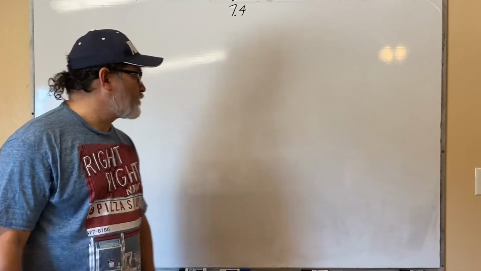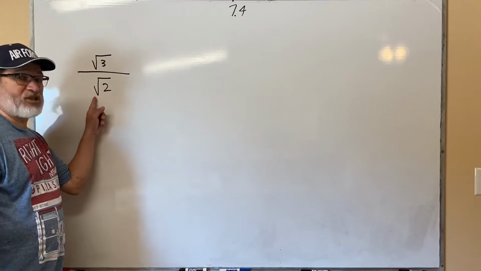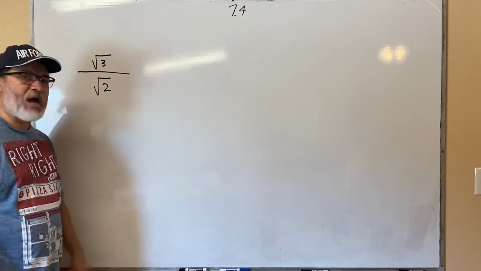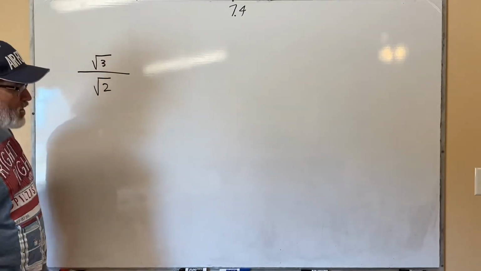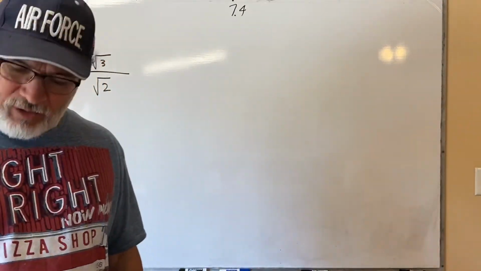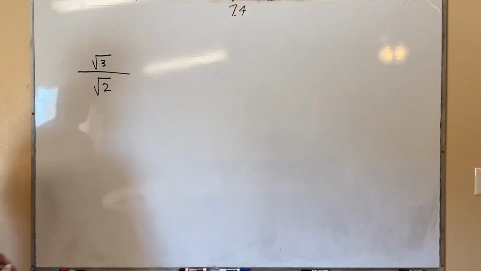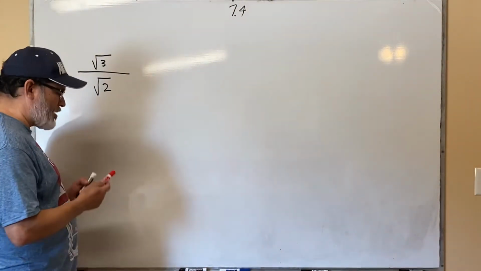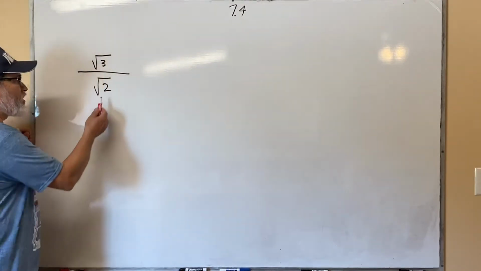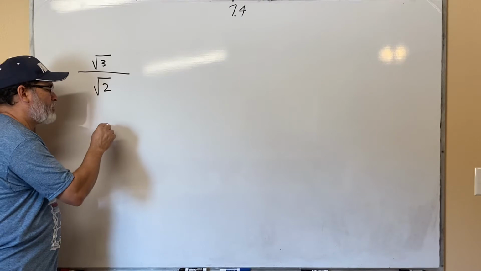All right. So here, we cannot end up with this radical in the denominator. No, because it's not allowed. So, to get rid of this radical in the denominator, you've got to turn this 2 into something you love.